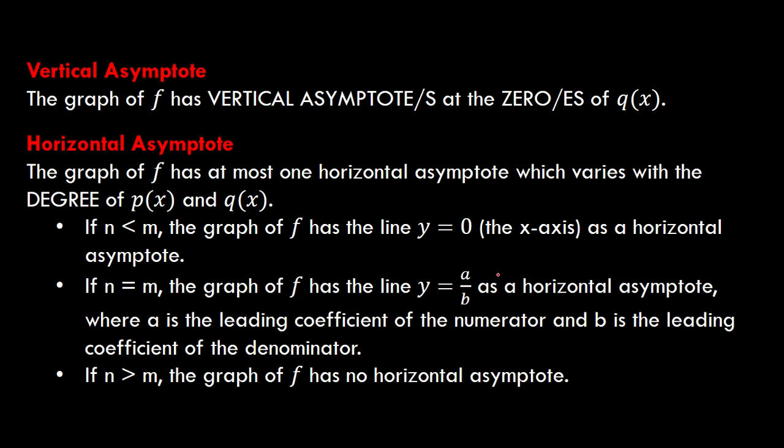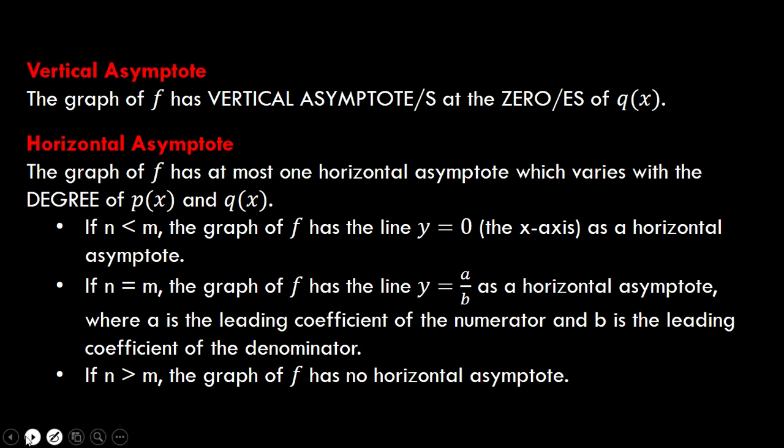For the third case, if the degree of the numerator is greater than the denominator, the graph of the function has no horizontal asymptote. So take note of that.